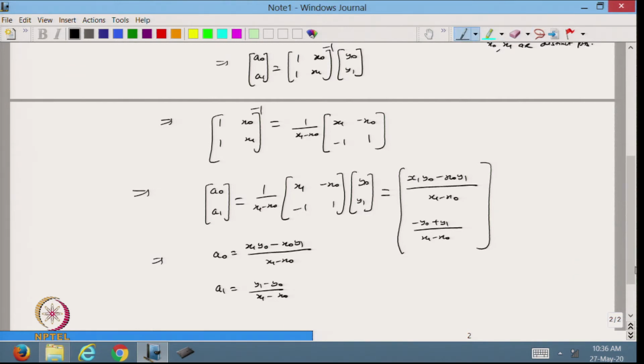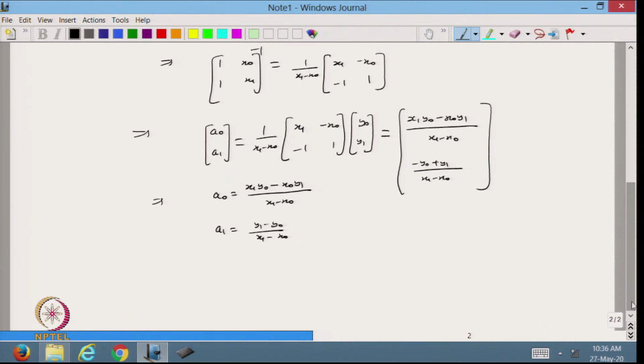Now, if I substitute these values in the given expression, my linear polynomial p1(x) can be written as (x1 y0 minus x0 y1) over (x1 minus x0) plus a1 x, where a1 is (y1 minus y0) over (x1 minus x0).